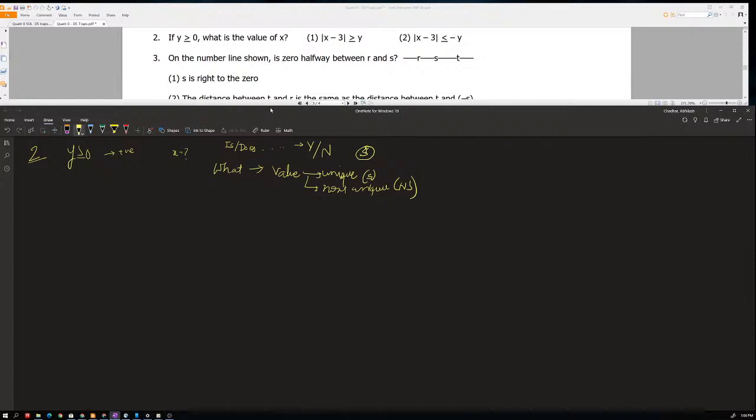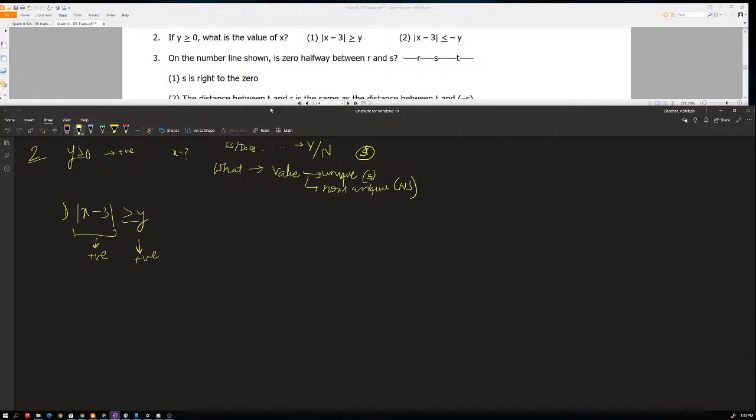In this, we will see the first condition is mod of x minus 3 is greater than or equal to y. In this case, y is given as positive. Since y is positive, and mod of x minus 3 will always be positive since mods are always positive, any positive value greater than or equal to a positive value is always possible.